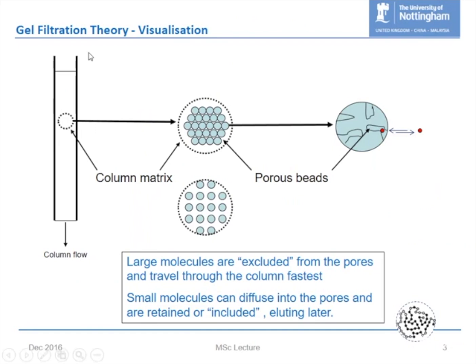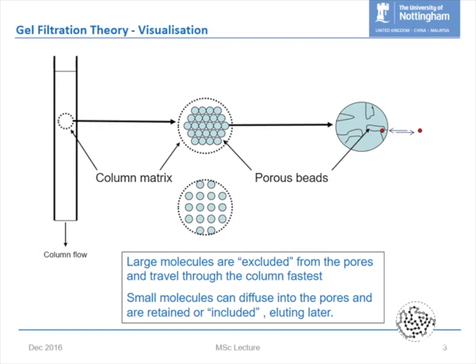Those particles are packed into this column, and what we'd really like to do is arrange for those porous beads, as depicted here, to be hexagonally close packed together. If you focus down where the arrow is, between these particles is an interstitial volume, and it is through that interstitial volume that your mobile phase passes.